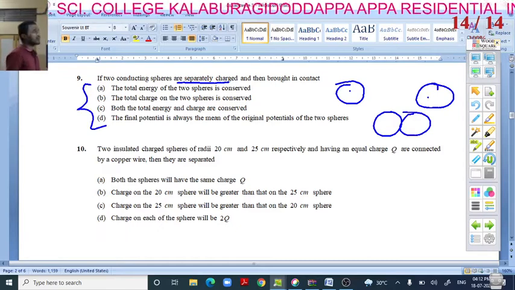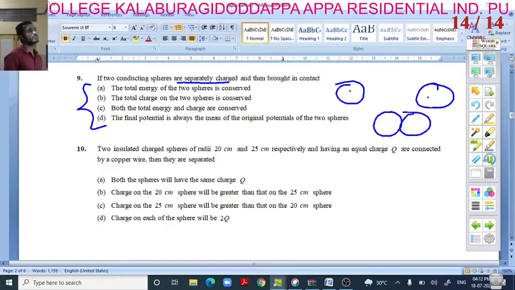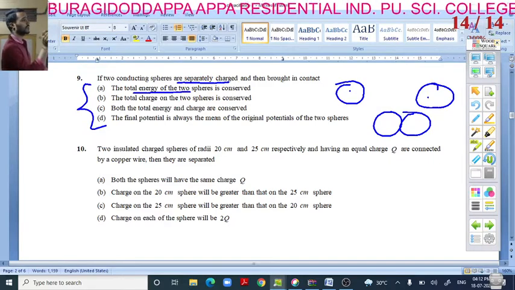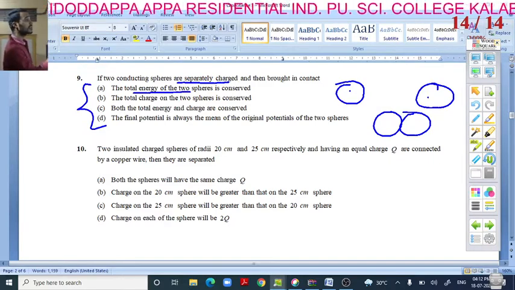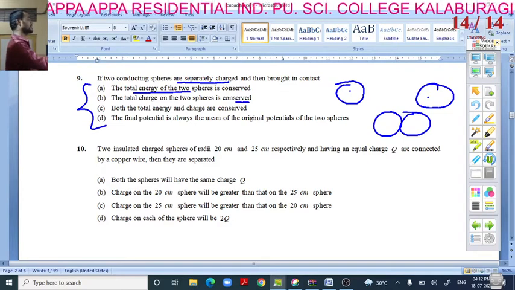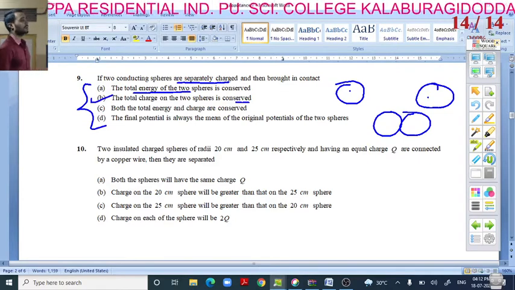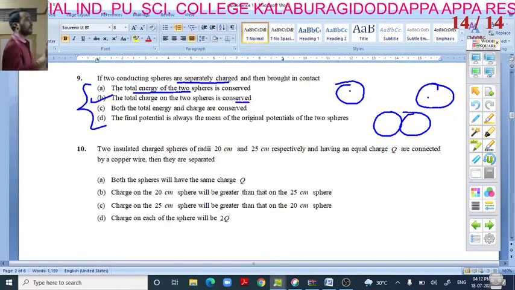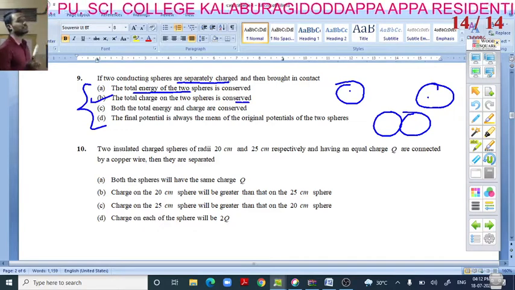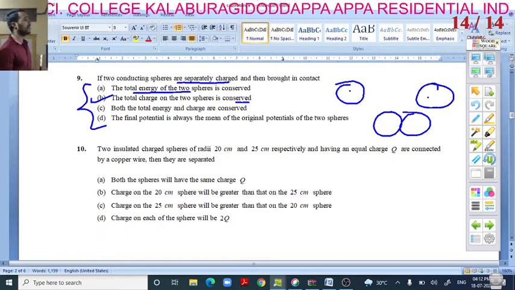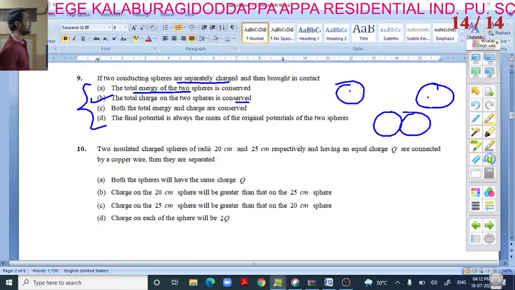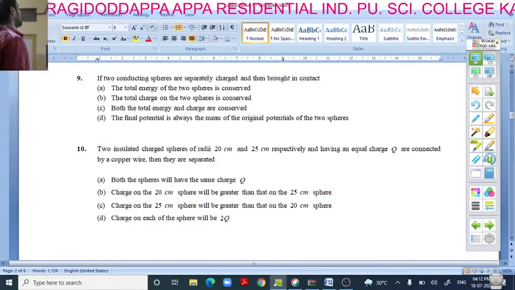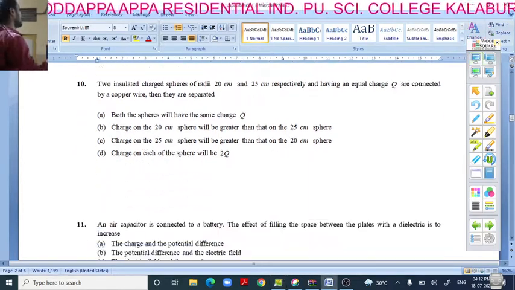Options: the total energy of the two spheres is conserved; the total charge of the two spheres is conserved. That is the second option. The law of conservation of charge takes place. Charges will share between those two, and finally charge is conserved. That is the second option, by the conduction method the charge will share.